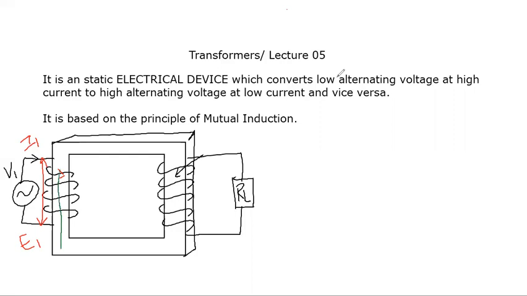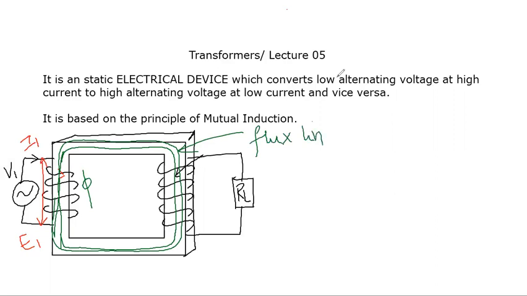This magnetic flux will get linked with the secondary coil. There will be a large amount of magnetic flux, which will keep on changing because it's alternating current. So you'll have this link to the secondary coil. The terminology we use here is flux linkage. So we say flux linkage has taken place.